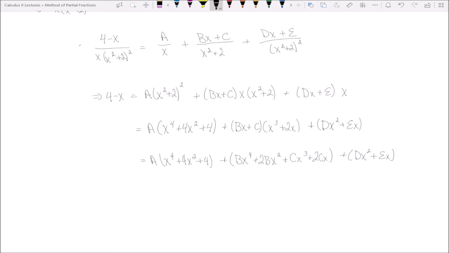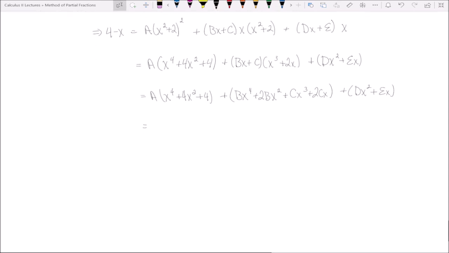Group together all of our like terms. And now use coefficient comparison.